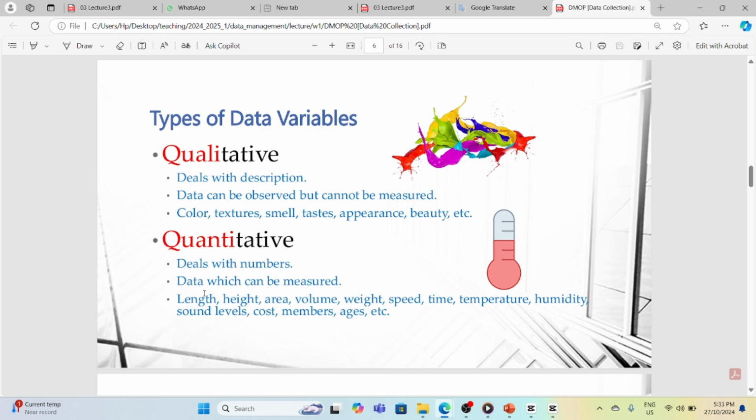If we have quantitative data, we can apply mathematics to it: we can divide it, multiply it, and apply functions. Quantitative data deals with numbers and we can measure it, like length, height, area, value. But qualitative data deals with description. The data can be observed but cannot be measured, like color, texture, and smell.